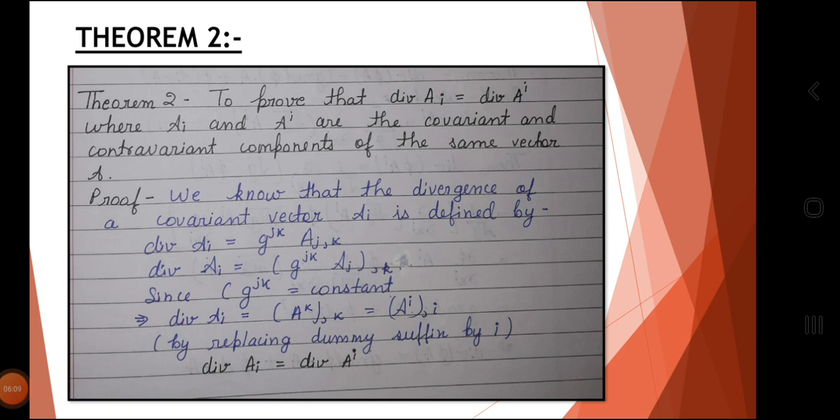Coming to the proof, we know that the divergence of a covariant vector A subscript i is defined by divergence of A subscript i equals g^jk Aj,k. Since g^jk is constant, divergence of A subscript i equals A^k,k, which equals A superscript i,i.